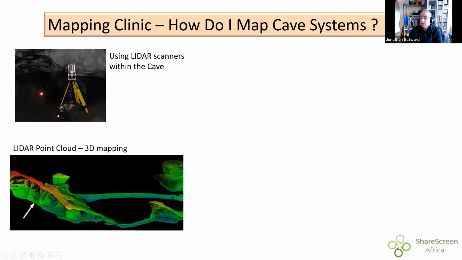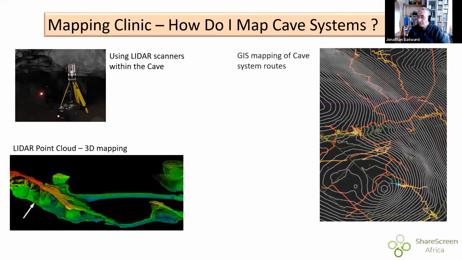The results of the LiDAR are very, very detailed and can actually map the cave system in its entirety, in incredible detail, capturing the three-dimensional nature and the internal features. Each of those can then be picked out geographically from the GIS system.